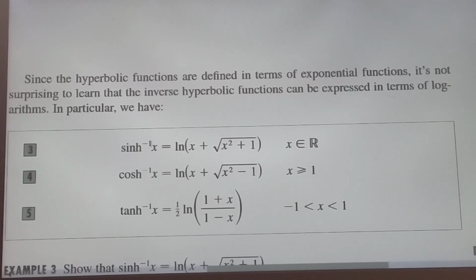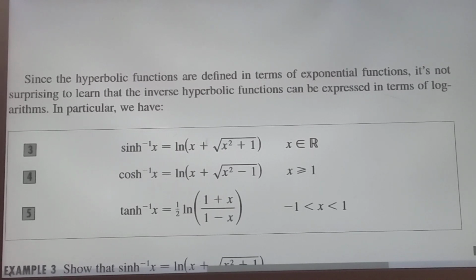We are going to prove how we got that y is inverse of sinh x equals ln that, and y is inverse of cosh x equals that, and y is inverse of tanh x equals that. So we are going to prove it, although you must know it by heart, but you do not have to cram or memorize.